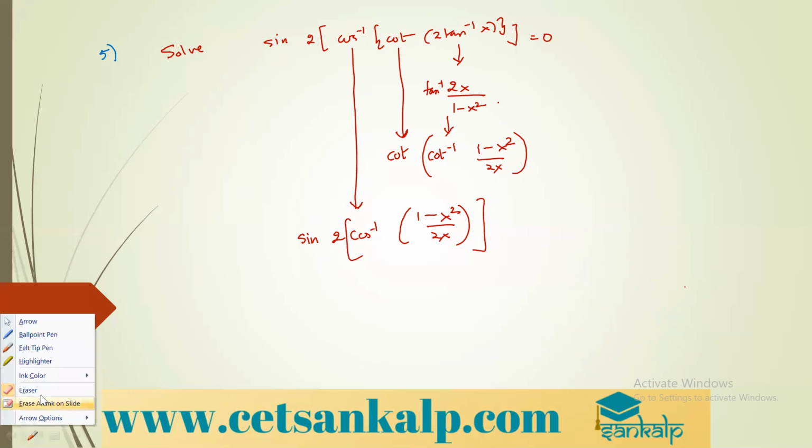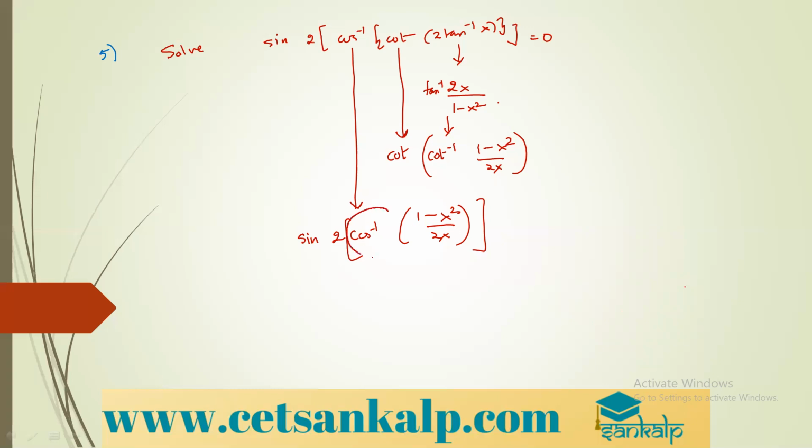So you can use the formula. Which formula you will use? You will use sine of 2 cos inverse only, but this you will think of as theta. That means you have sine 2 theta. So formula is 2 sine theta cos theta.